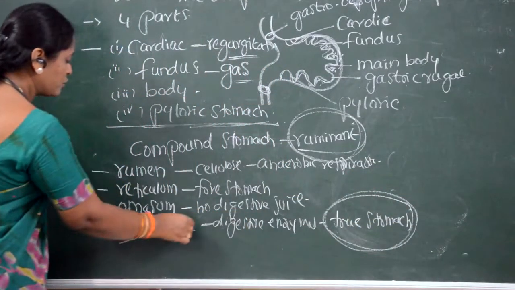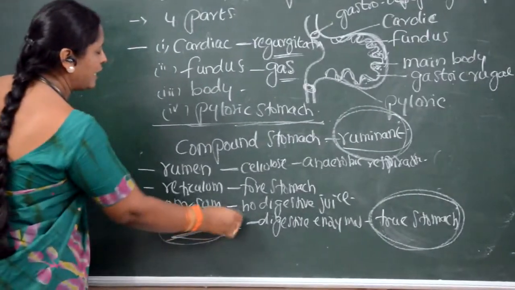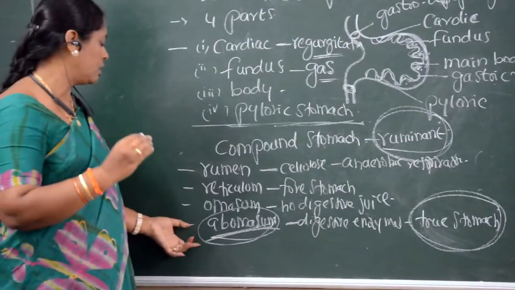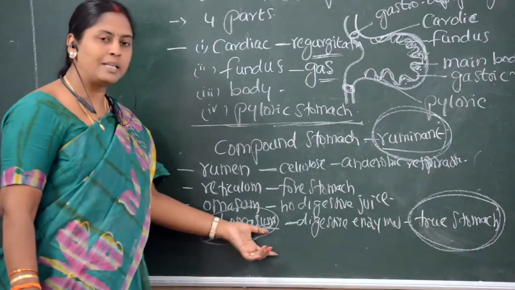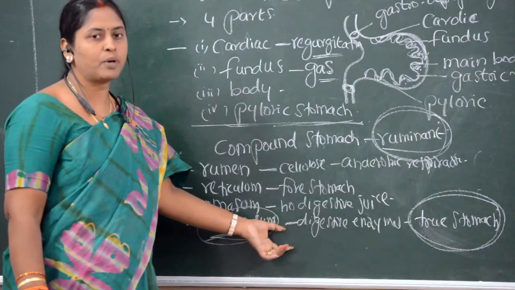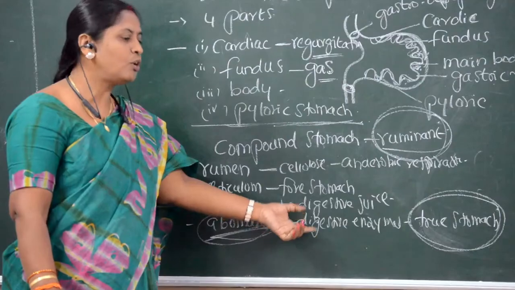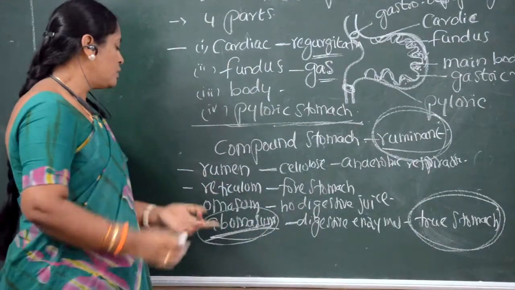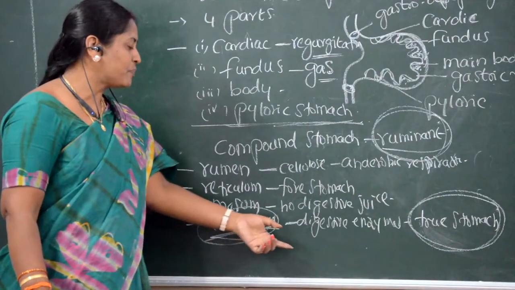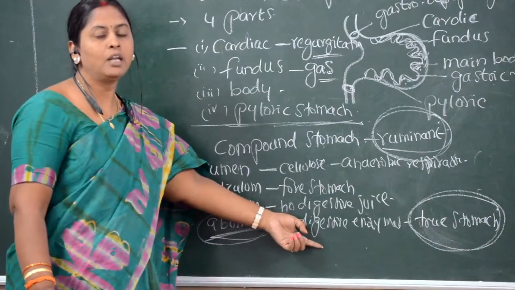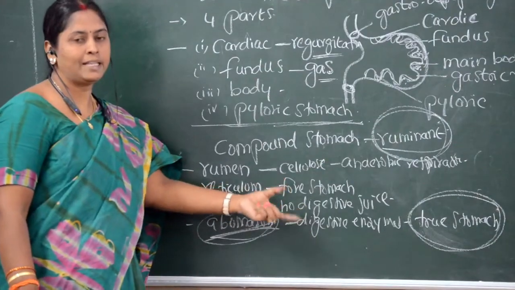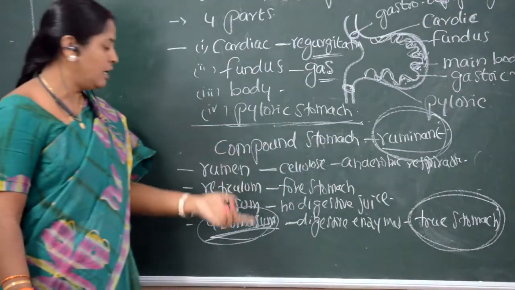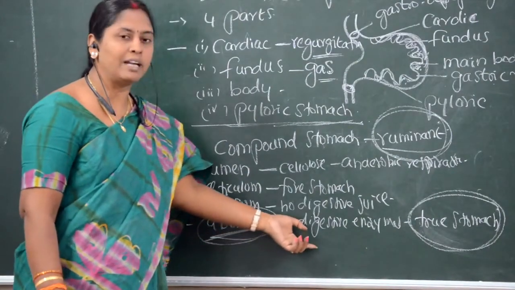The abomasum is known as the true stomach because complete digestion in ruminant organisms occurs in the abomasum. The production of digestive enzymes also occurs in the abomasum. This abomasum is well developed in all the organisms except desert animals, that is, in the camel, it is not well developed.